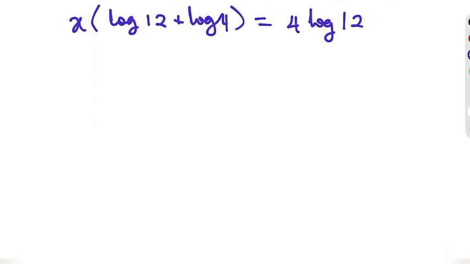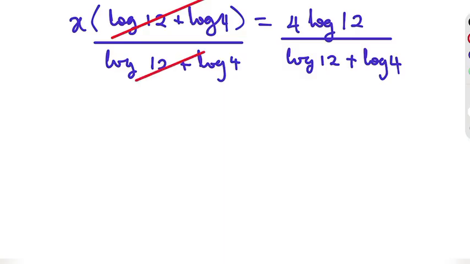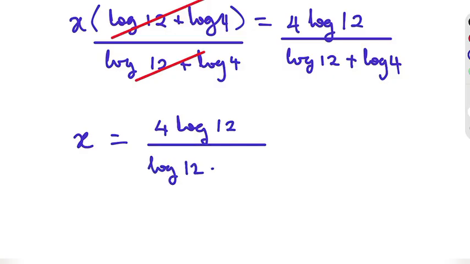Okay, so now what we're going to do is divide both sides by log 12 plus log 4 over log 12, then plus log 4. So from there, this we cancel. Then we are going to be left with x equals 4 log 12, then divided by log 12 plus log 4.